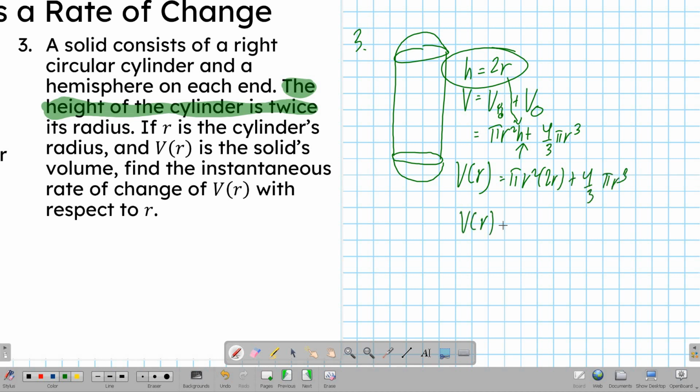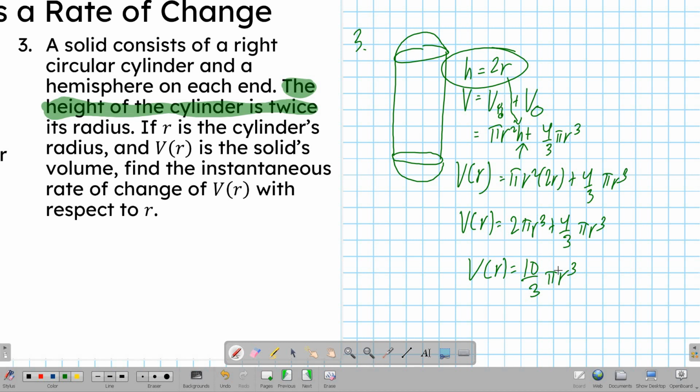So V of R will be equal to 2 pi r cubed plus 4/3 pi r cubed. Therefore, simplifying this, we get V of R is equal to 10/3 pi r cubed.